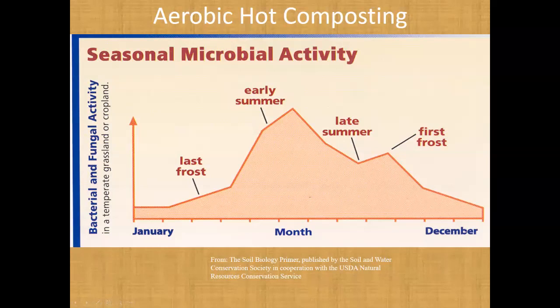And so when it gets to the hottest part of the summer, that's when we head into our thermophilic range here, where it's a bit too hot for a lot of microbes, and it's kind of out of their range of comfort. And so we kind of hit a dip there. But as we get into cooler autumn weather, we start to get a little bit ramped up thermophilic or mesophilic activity until we get to first frost, and now we're going back into that psychrophilic activity.